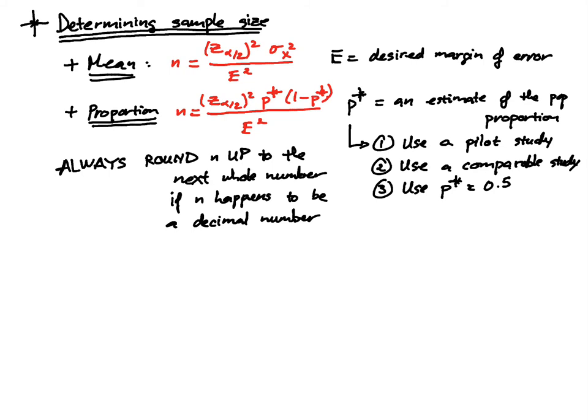So now, I think it may be helpful to do a quick summary of when to use the z table and when to use the t table.